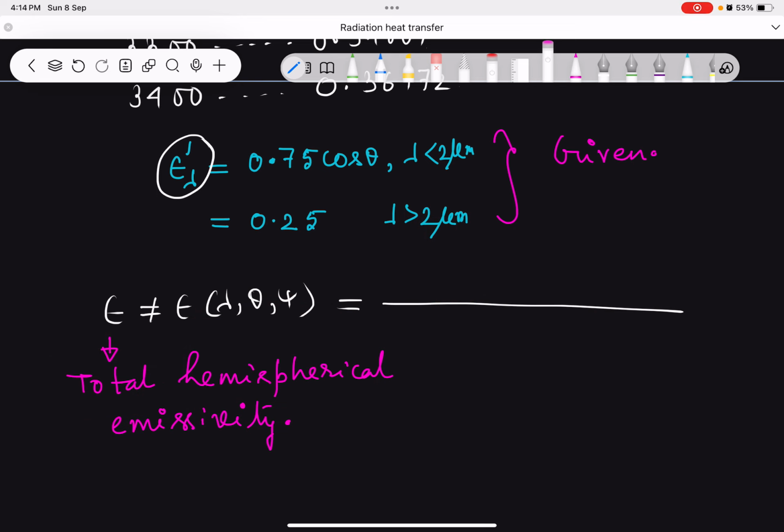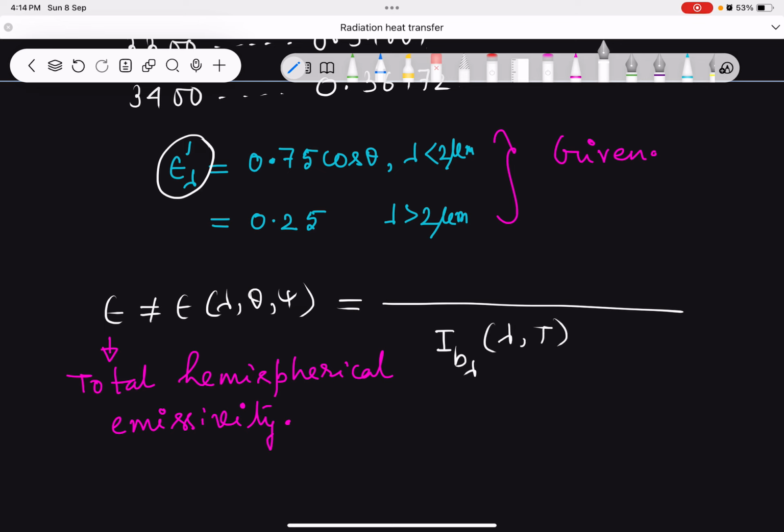Just only that. Okay. So now what we will write is, in the numerator we will have I_B lambda, right? Then, it is already a diffuse emitter, so this is not a function of theta and psi.